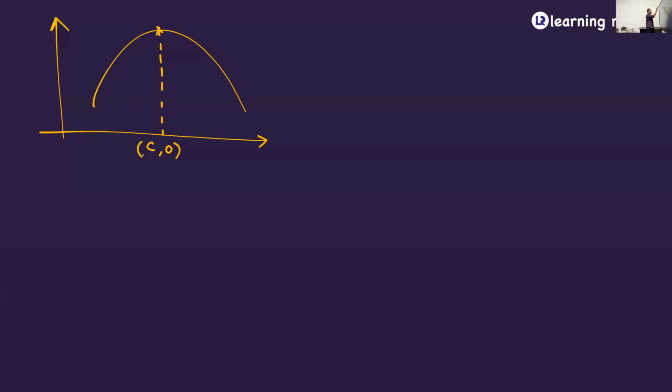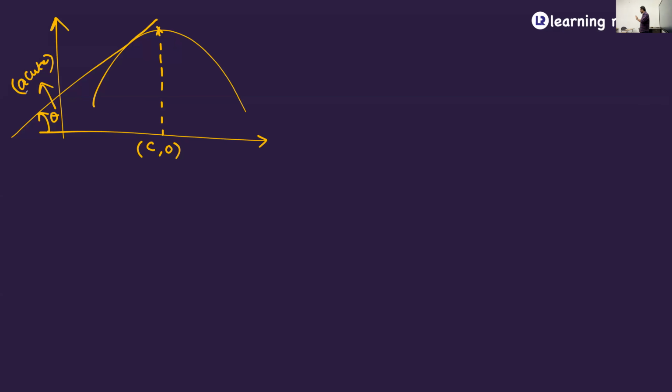On the left of c, when you draw a tangent anywhere before c, the tangent always makes an acute angle.